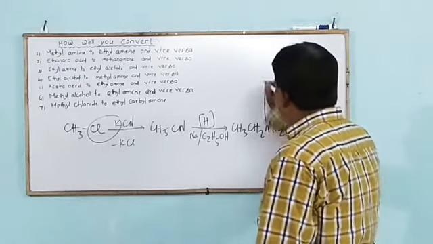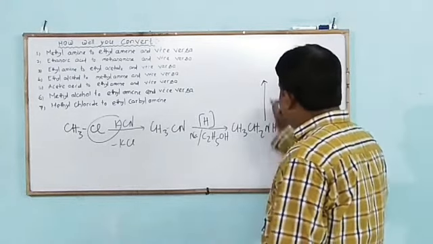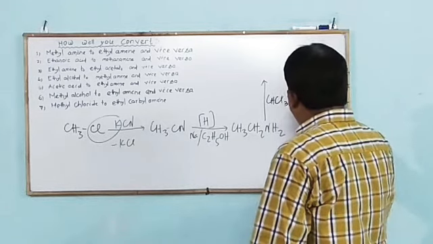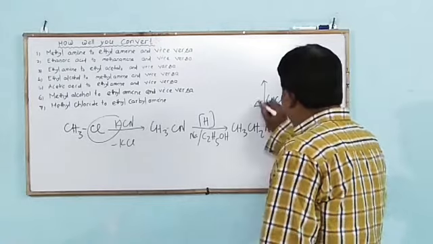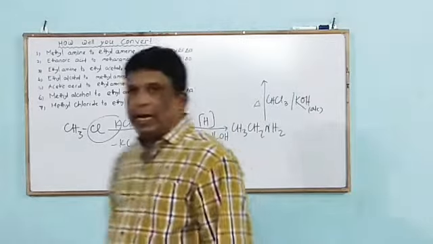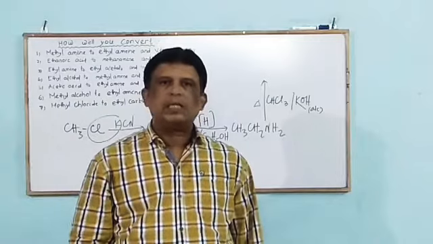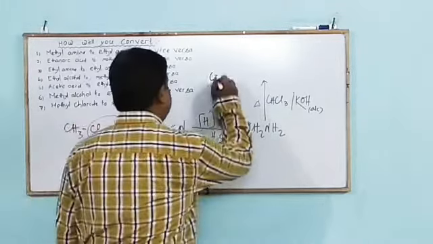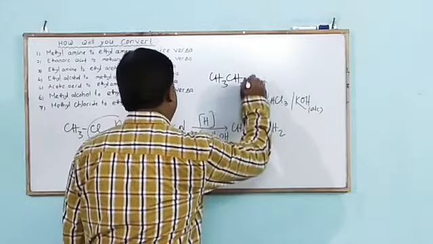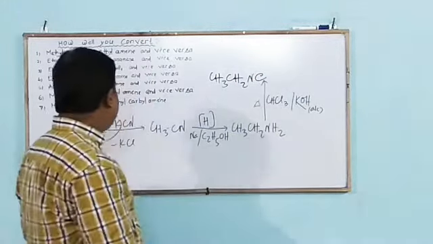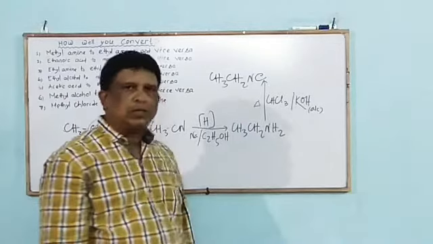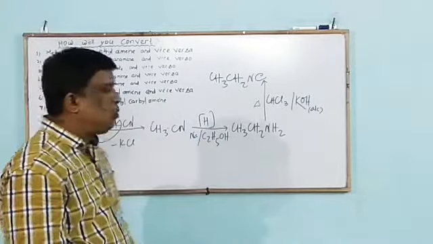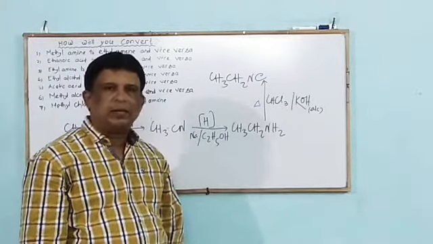When ethylamine is heated with chloroform in presence of alcoholic potash, the carbylamine reaction gives an unpleasant smelling compound, CH3CH2NC, ethyl carbylamine or ethyl isocyanide. So in this way, methyl chloride is converted to ethyl isocyanide.